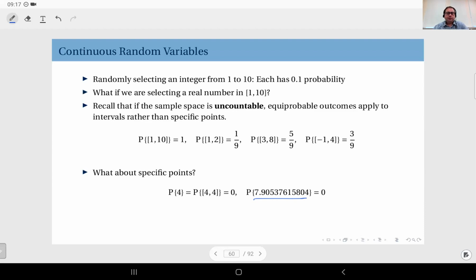This is a little bit hard to grasp, but the probability of each specific point becomes 0. But when you throw it, obviously, one of them is going to be the outcome. So this might help you a little bit. The probability is 0, but that doesn't mean it will not occur ever. It doesn't mean the event with a 0 probability is impossible. Very important point, especially with continuous random variables.